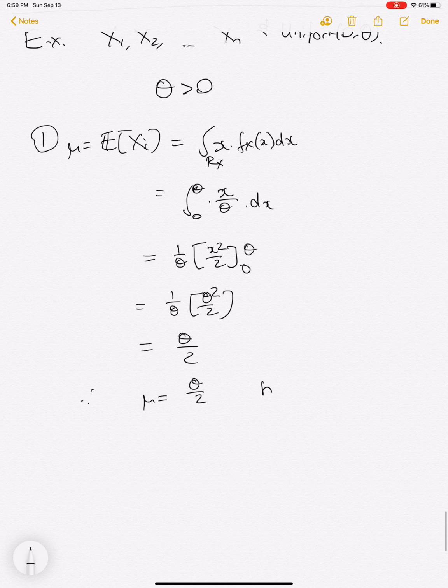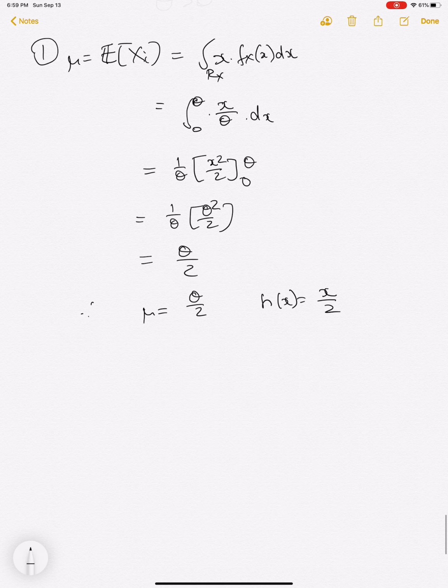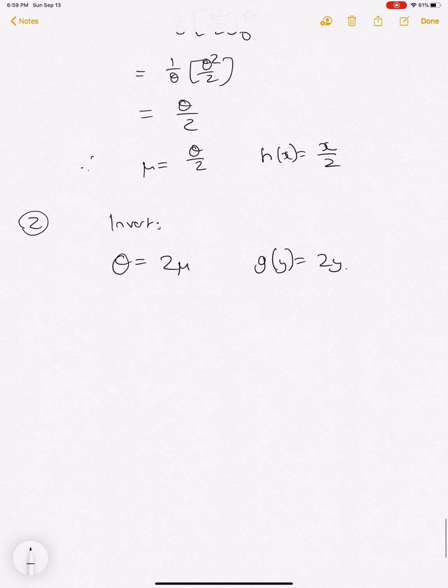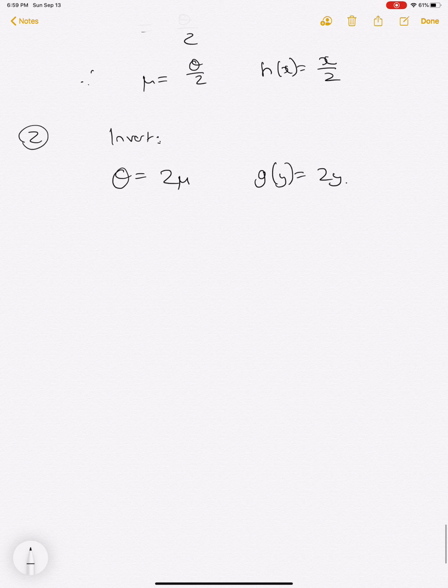So your h of x is x over 2. Now we invert. You can hopefully see pretty easily that theta equals 2 mu. So your g of y is 2y, again just by inverting that expression.